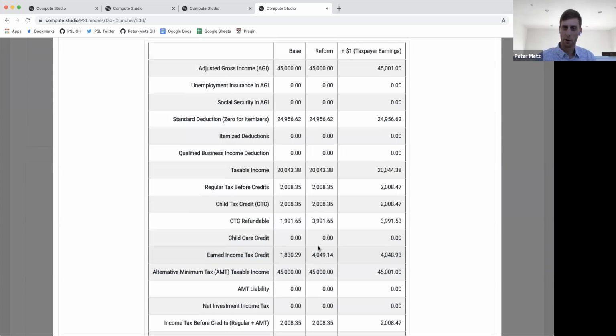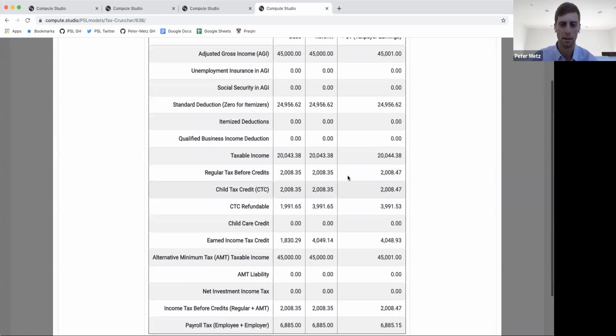And like we did before, we can do some mental math if we want to calculate the marginal tax rates. I won't do it all, but for example, regular tax, $1 extra in earnings results in 12 cents in taxes owed.